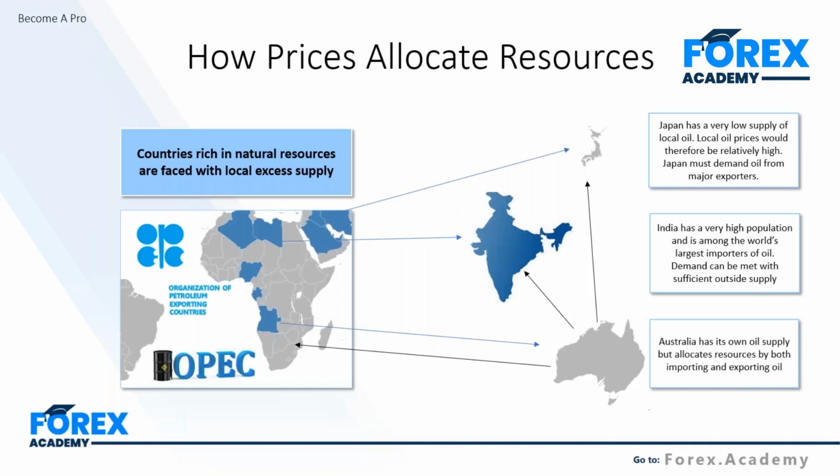To choose another example, we have India. It has a very high population and is among the world's largest importers of oil. That demand can be met with sufficient outside supply. Of course, there is sufficient outside supply, so it's not as if we are really seeing scarcity of the resource.